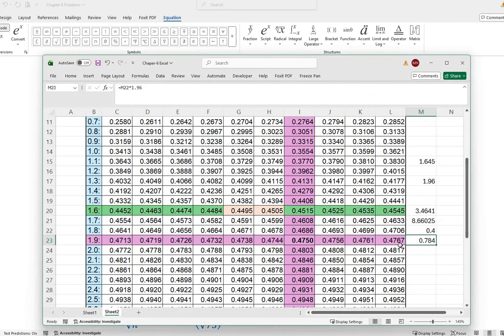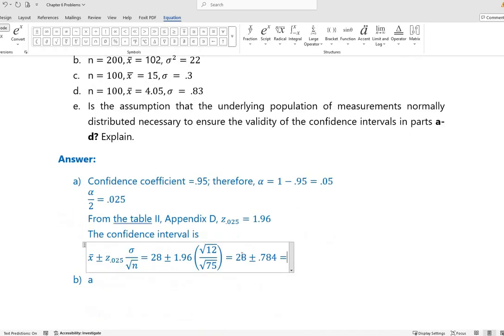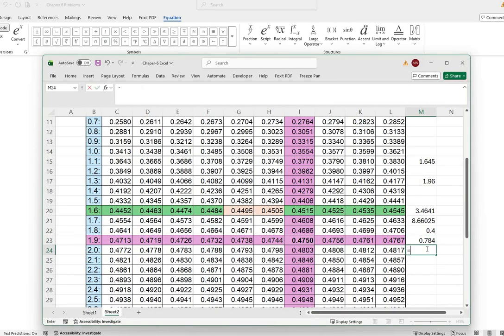And the confidence interval should be 28 minus this and 28 plus this.